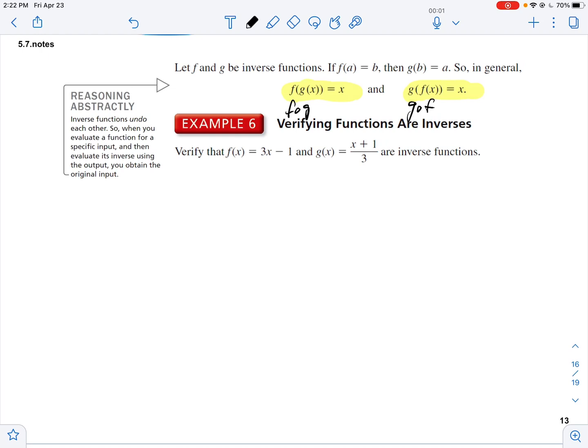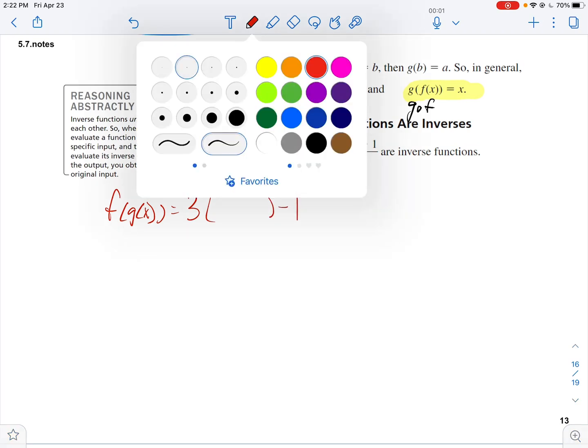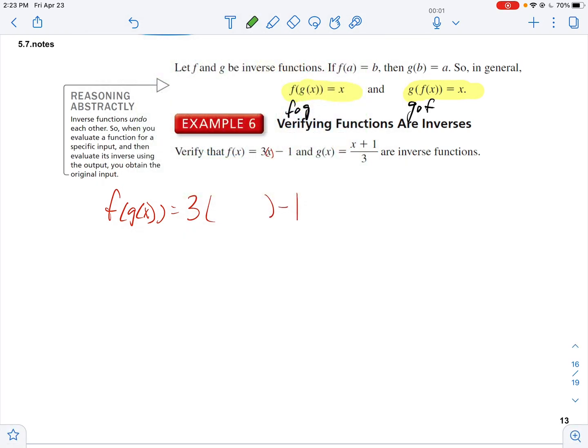So let's prove that these guys are inverses. First, we'll do f of g of x, the fog. So equation f, I'm going to put a nice tight parenthesis right around the x, and I'm going to fill that in. I'll color code it for you. We'll do g in green. Okay, so we're going to do, x plus 1 over 3.